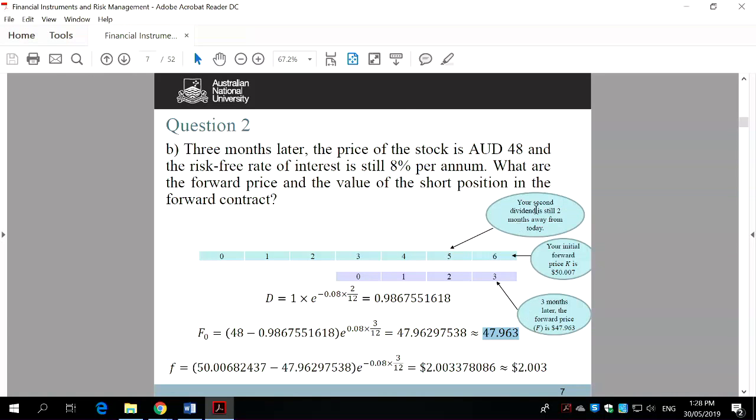So let's compare the cash flow difference at maturity. We compare the cash flow difference between 50 and 47.96. Then that's a positive cash flow difference, and because we value it today, we discount it back 3 months. We get the present value of this forward contract. So that's how we value this forward contract 3 months later.